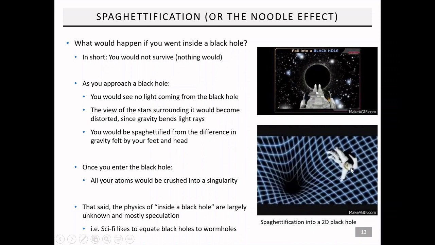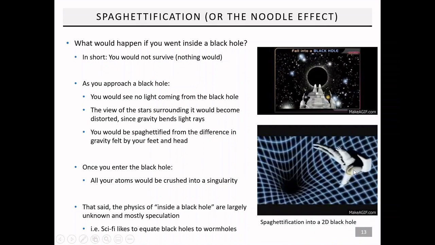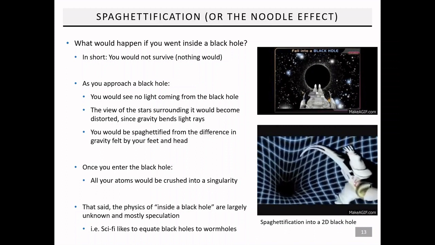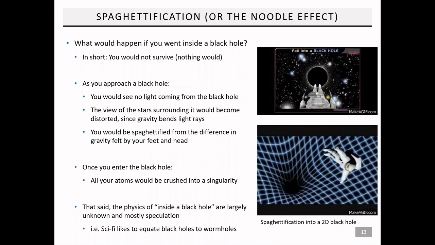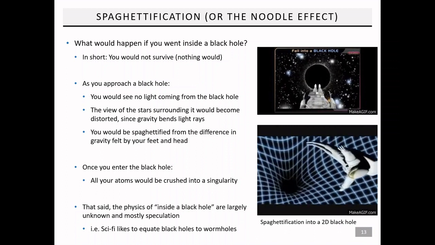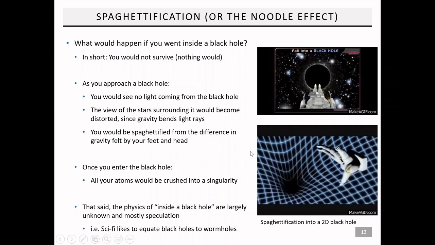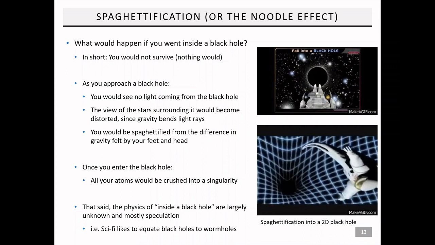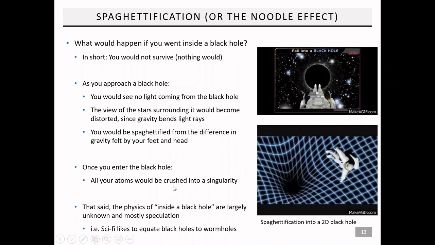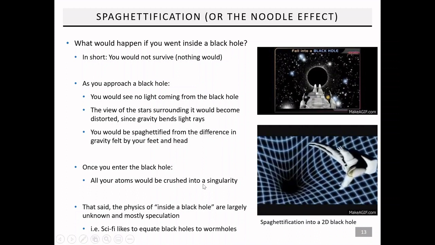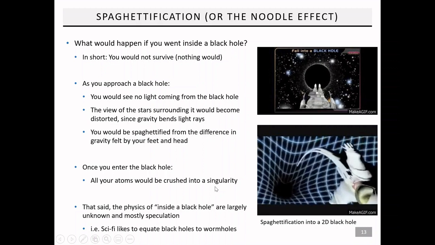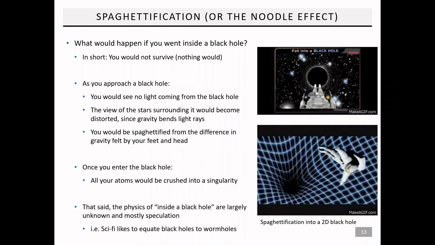This causes the astronaut to stretch out, or what we call spaghettification. So this all happens as you're approaching the black hole. Once you enter the black hole, basically all the atoms in your body are crushed into the singularity at the center of the black hole.